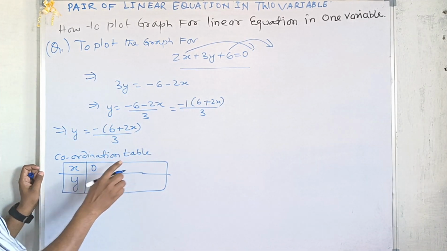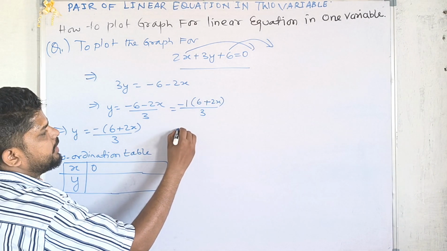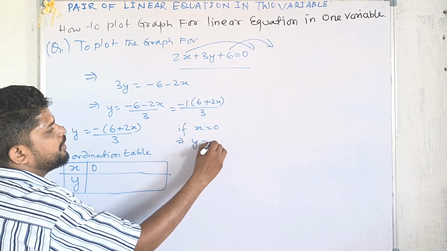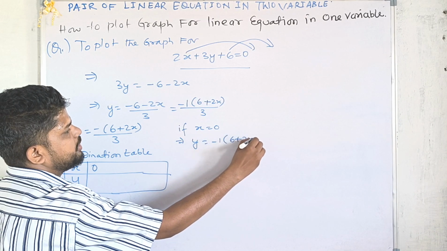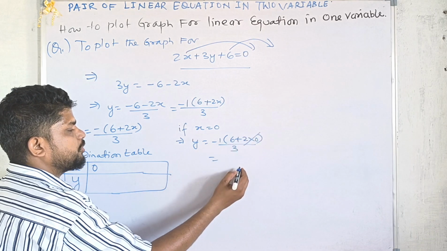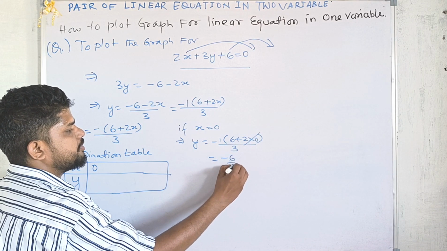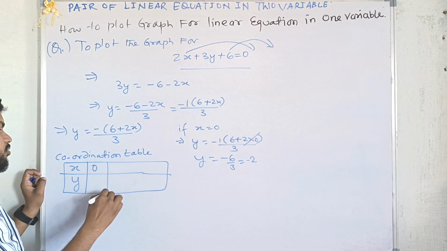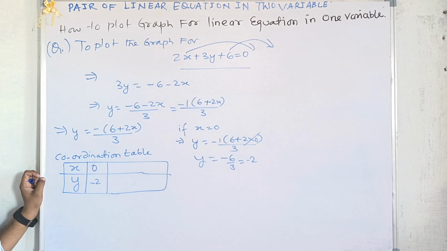If x is equal to 0, here you can see the value of y will be -(6 + 2 into 0) divided by 3. This will be totally cancelled out. -6 divided by 3 is -2. So for x = 0, the value of y is -2.